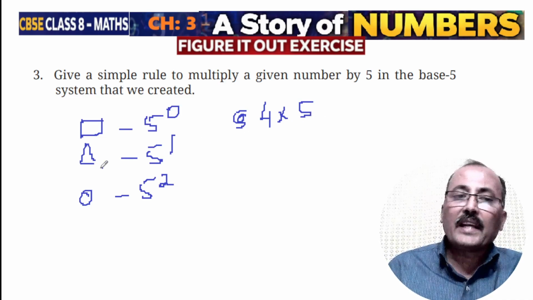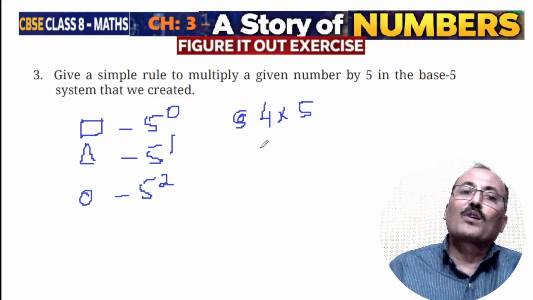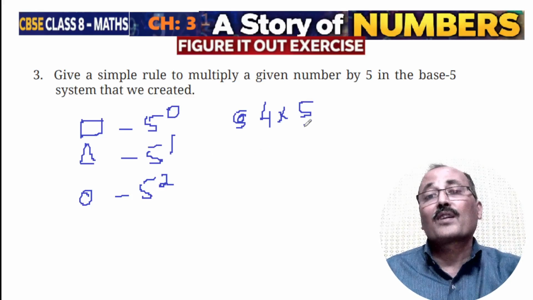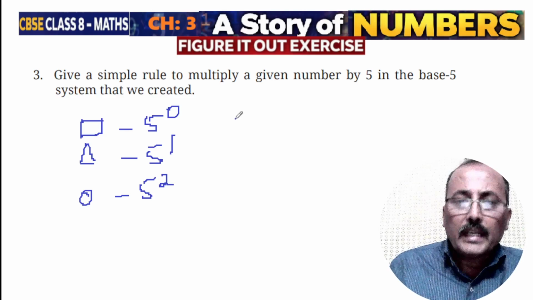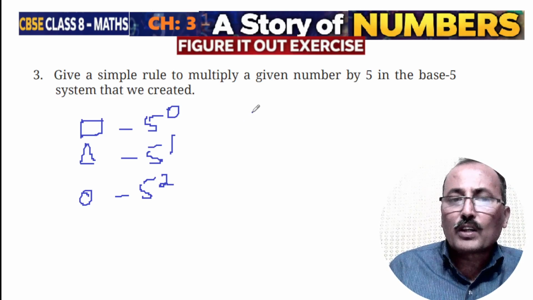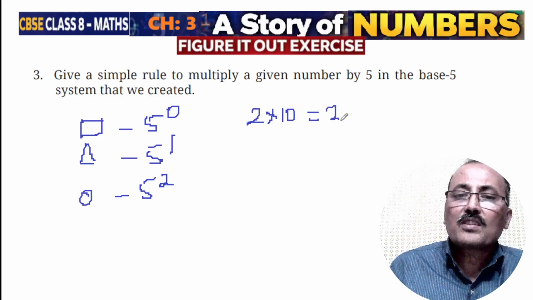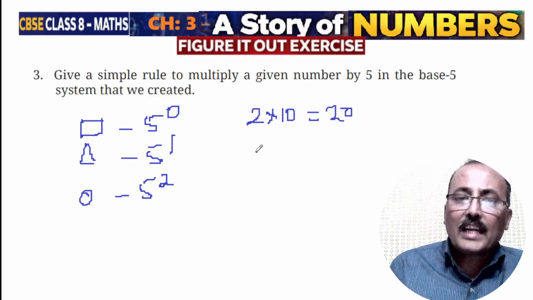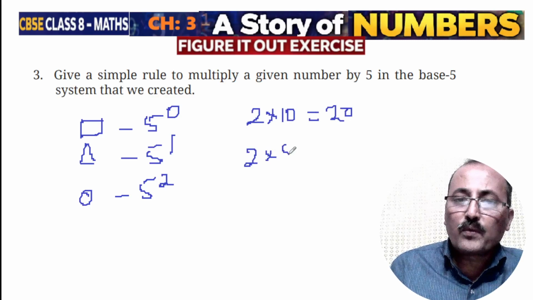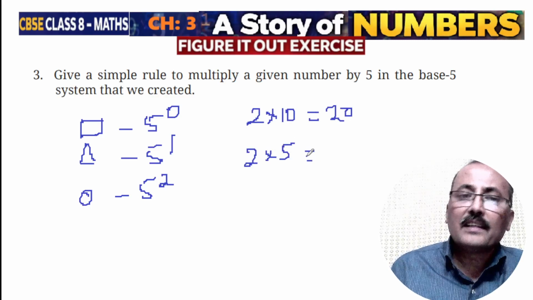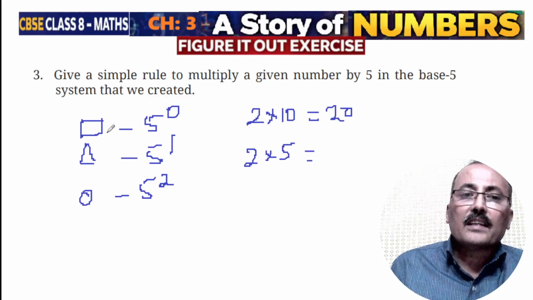The next symbol you are going to write 5 times. In our base 10 system, 2 into 10, what will you do? Just put 20. Likewise, for 2 into 5, 2 symbols will become this one.